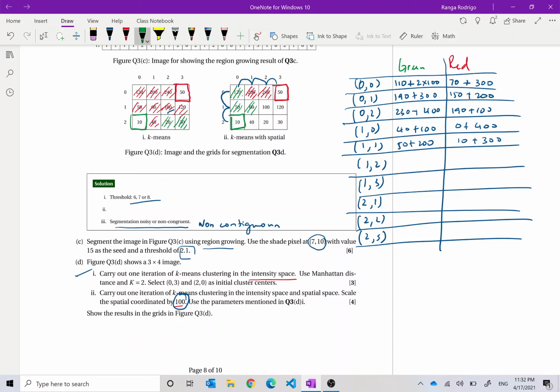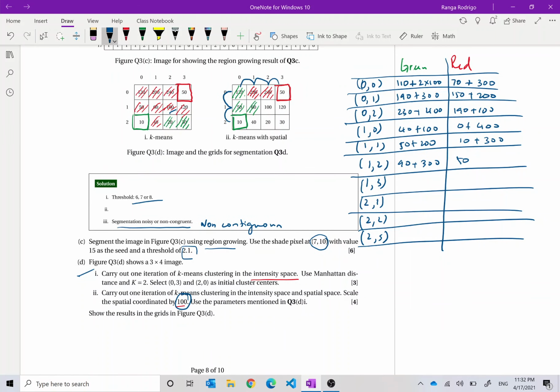Then 100, 90 plus 1, 2, 3, 300, and for the 50 its Manhattan distance is 2, so 50 plus 200. Manhattan distance means you have to walk in paths like that, so obviously that is a red pixel.